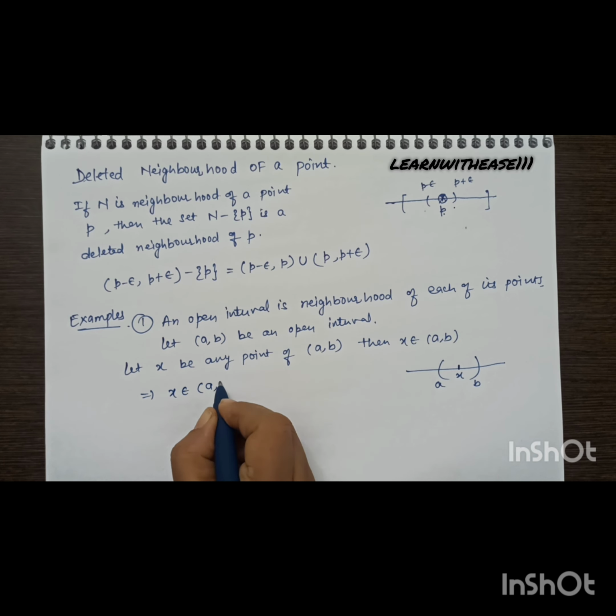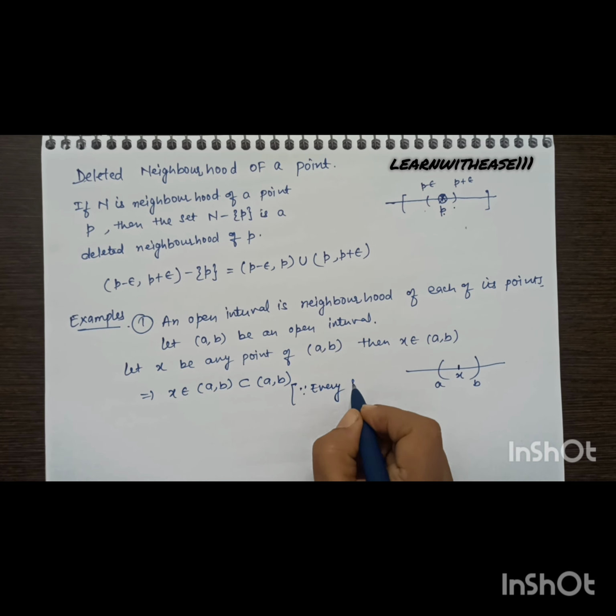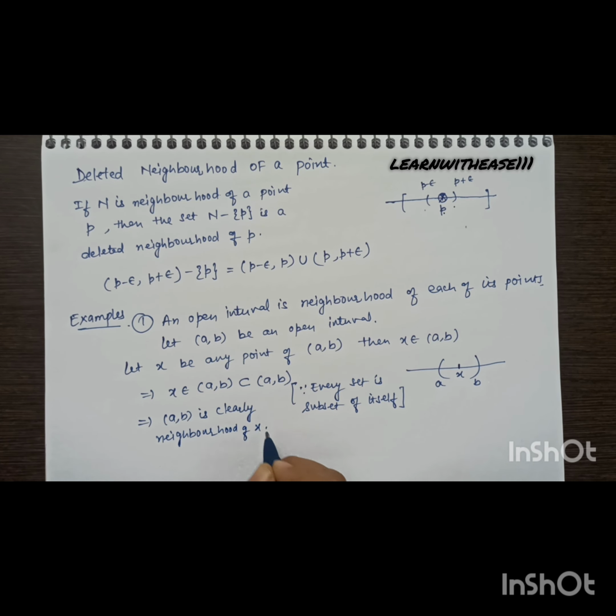The set here is the set itself, AB, meaning X belongs to AB, which itself is a subset of AB. Why? Because every set is a subset of itself. And now look at this definition: X belongs to AB, subset of AB, is clearly stating the definition of neighborhood, which clearly says the interval AB is a neighborhood of X. X belongs to an open interval which is a subset of that particular set which needs to be the neighborhood.